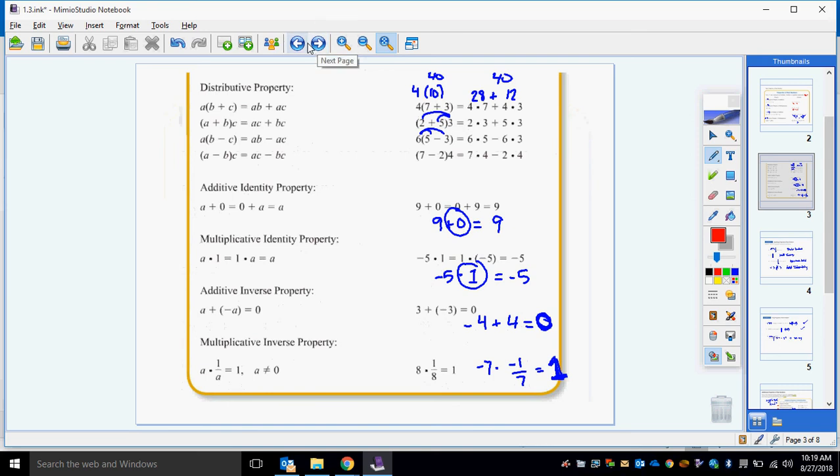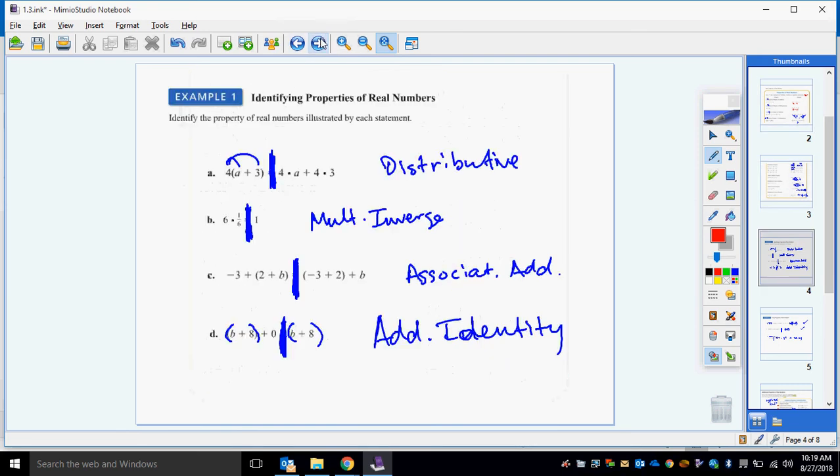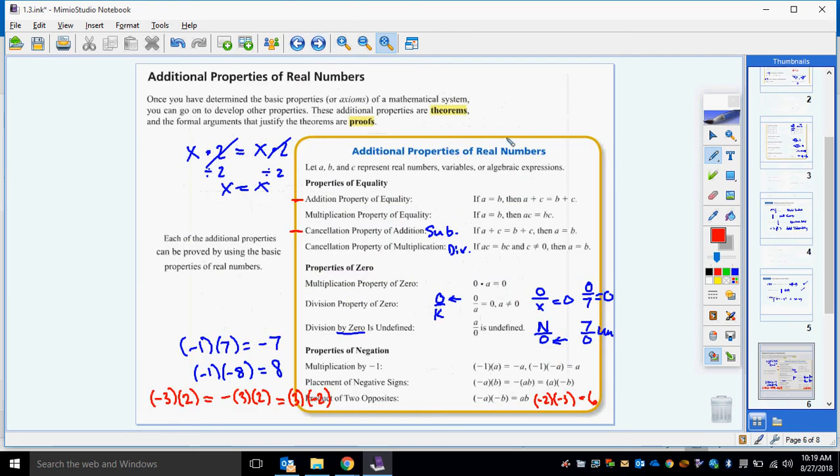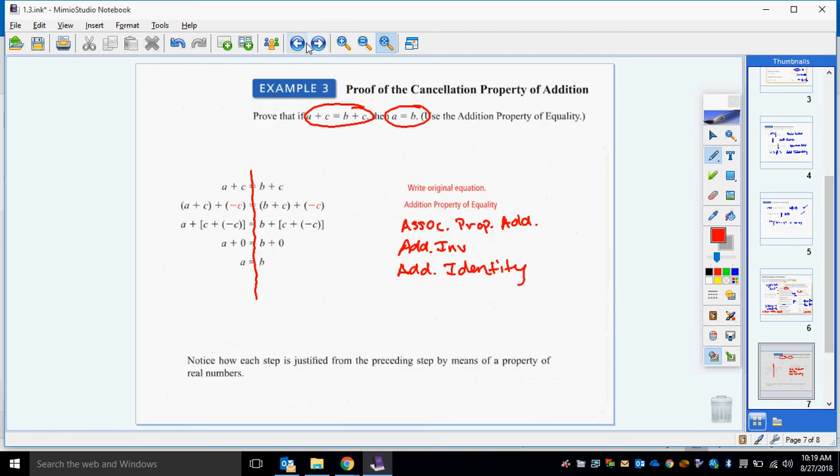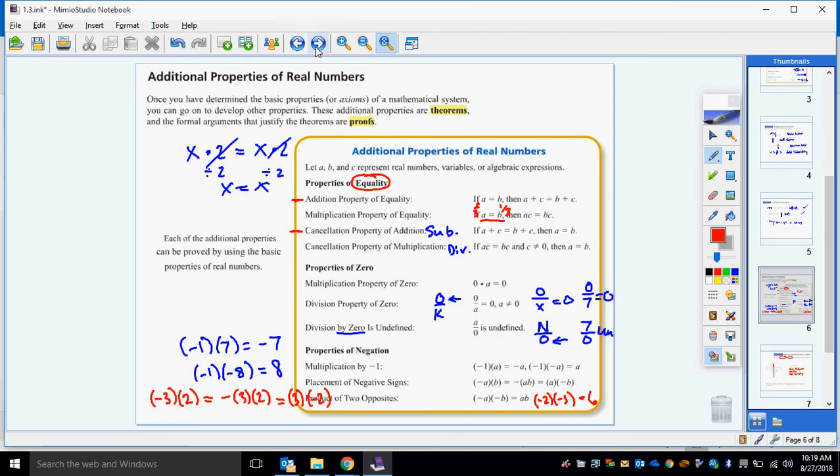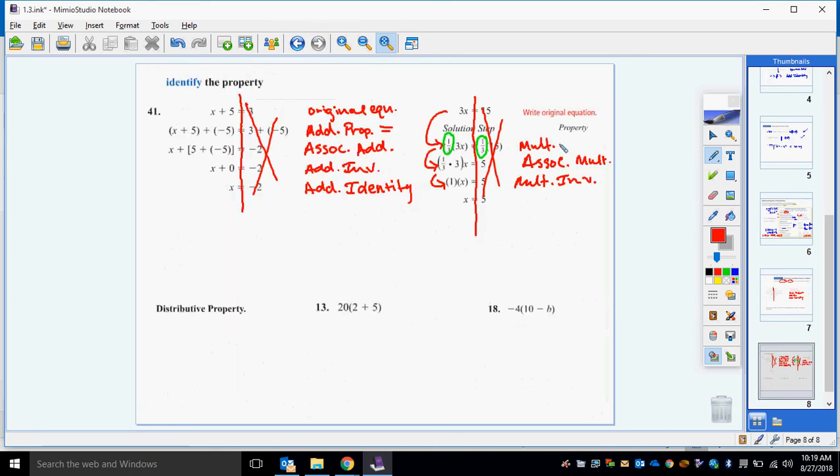Multiplicative, what says we can multiply on both sides? Oh yeah, equalities properties. Multiplication property says, hey, if you have two things equal, let's just multiply this side by 1/3 and this side by 1/3, and it's still equal. That's what they're doing here. They're using the multiplication property of equality.